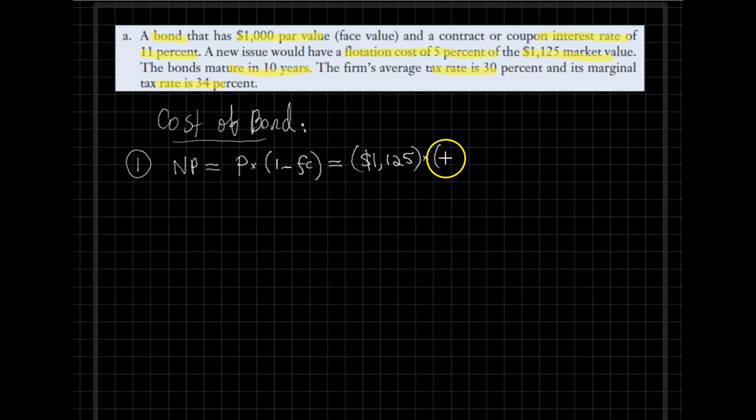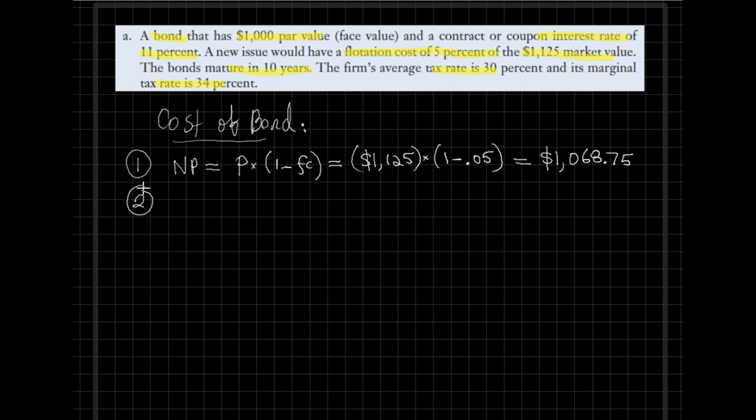That's how much the investors pay. However, we need to pay 5% to the investment bank. Only the remaining amount will be available to the firm, which gives us the net price of $1,068.75, and that completes the first part.